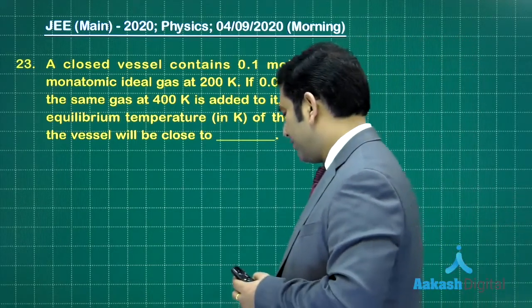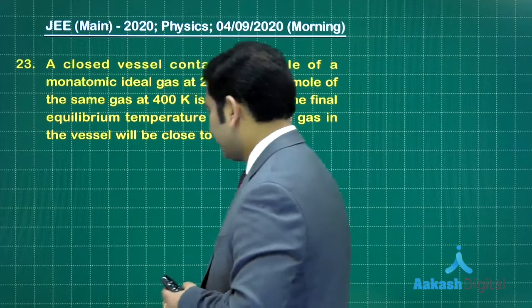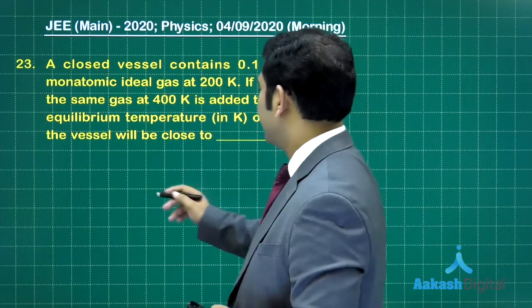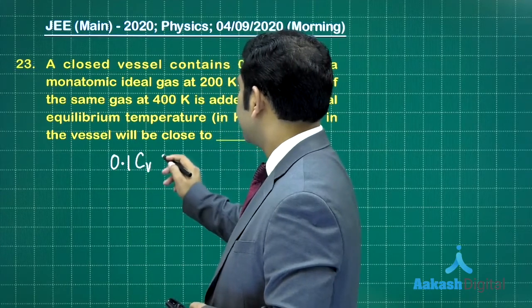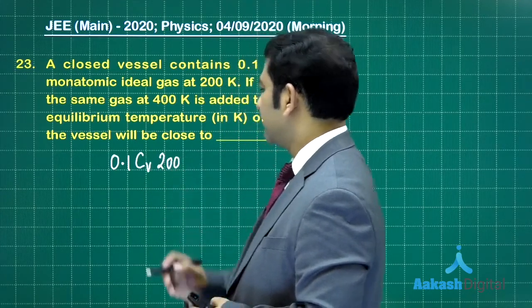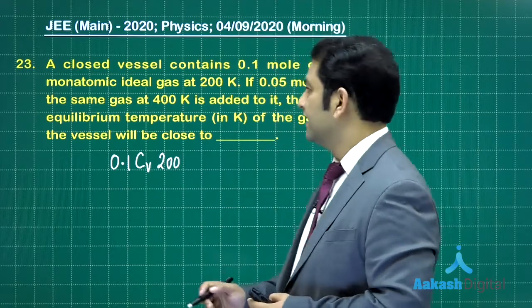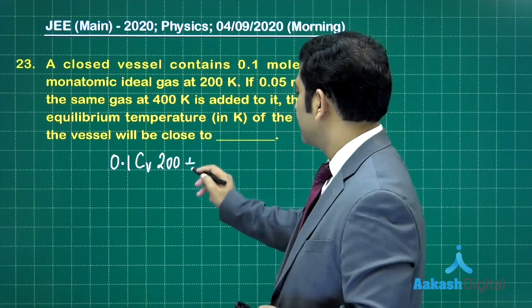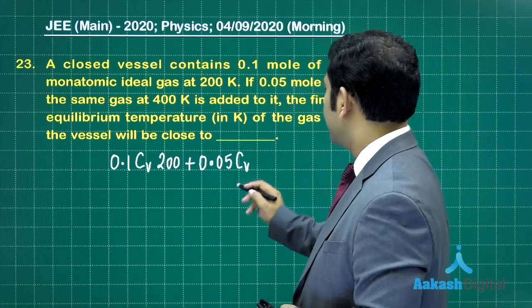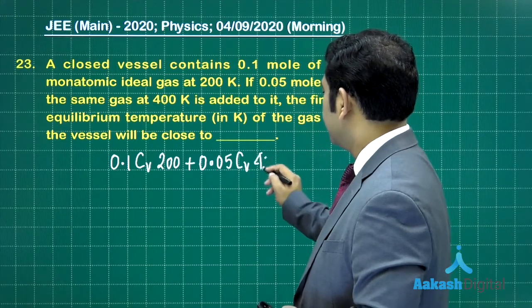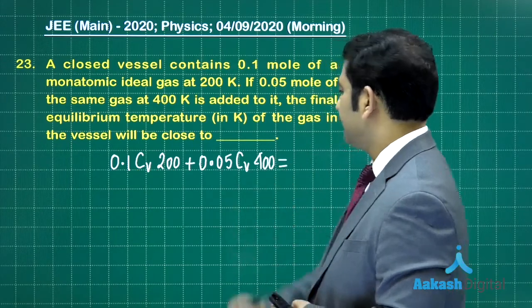Now let's just equate the initial internal energy with the final one. Initial, if you see, is 0.1 CV and temperature is 200. That will be the internal energy. And for the next, that's going to be 0.05 CV. CV will remain the same, reason: the gas nature is the same.